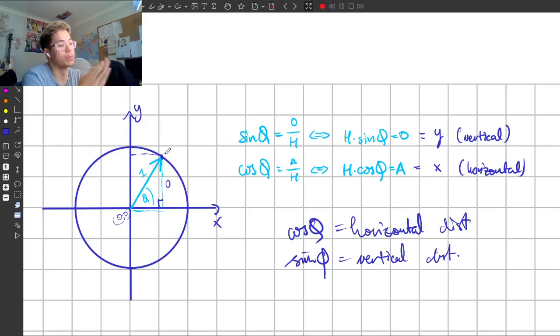The reason why we employ this frame of thinking is because oftentimes in engineering and physical problems, you can't necessarily map a body in terms of its horizontal and vertical distance. You would actually need to represent it as a function of its distance and angle.